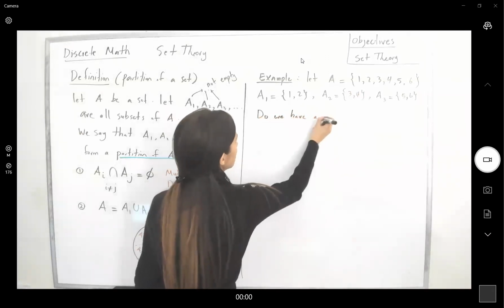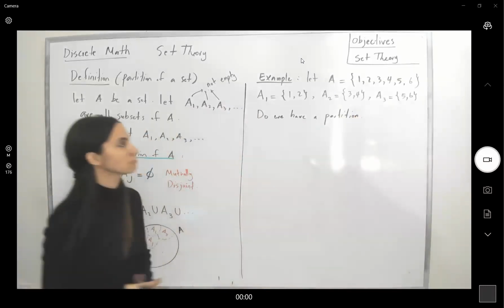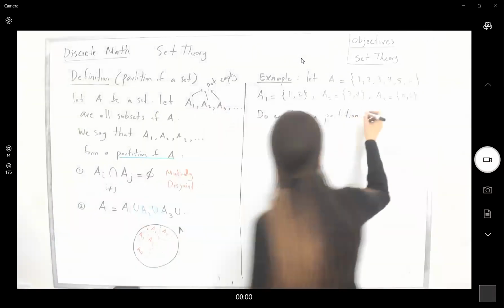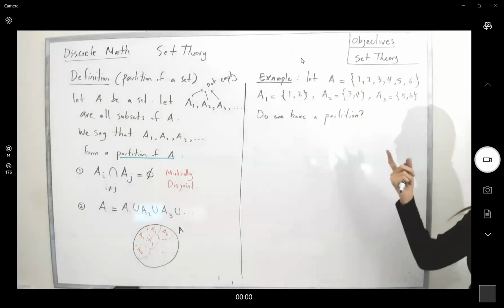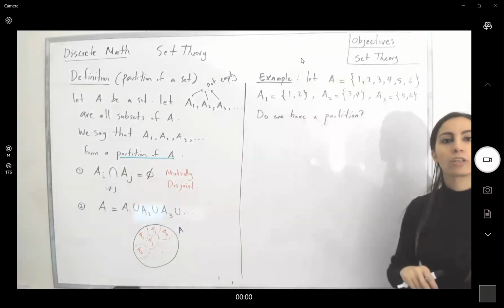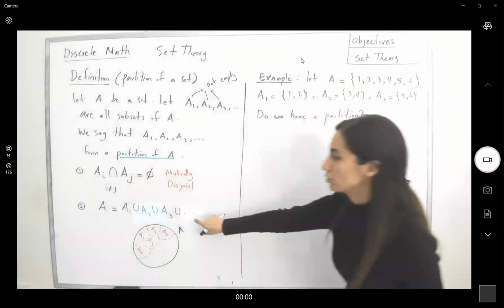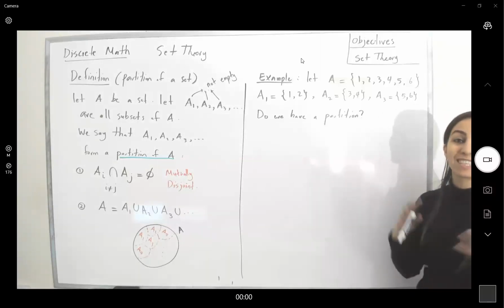We have a partition. So this case is not very hard to see. First of all, you need to check to see if they are mutually disjoint or not. Then you need to check to see if you take the union, it is equal to set A or not.